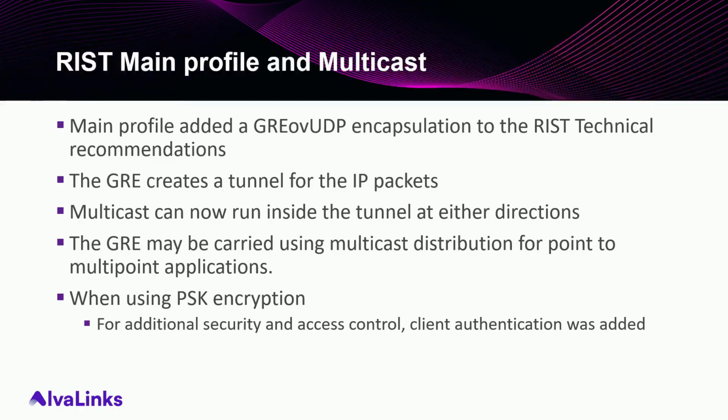You can create a point to multipoint and carry that multicast over to the destination, to the cloud. I have used it many times in the cloud itself, using main profile to run between availability zones at the time that AWS, for example, didn't have multicast support. So using a RIST tunnel, I was able to carry that multicast easily. It's very traceable, and I don't need much experience to do that.